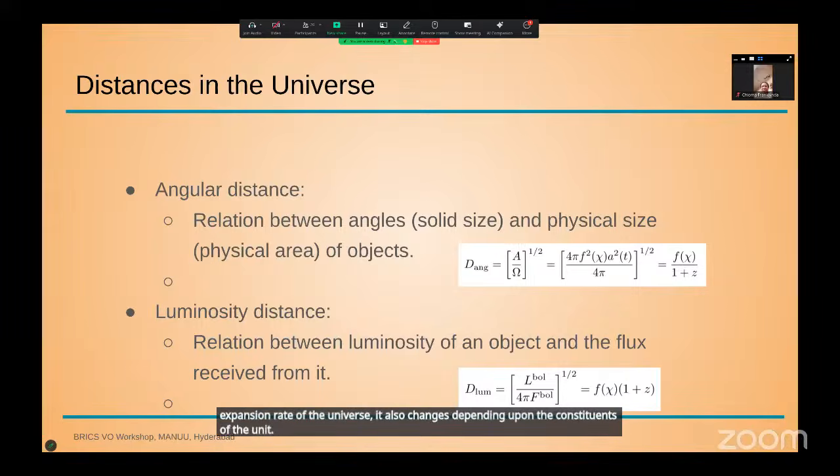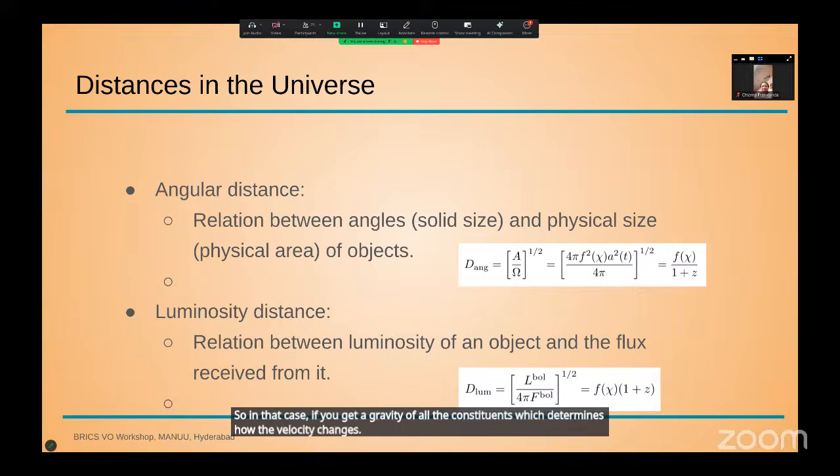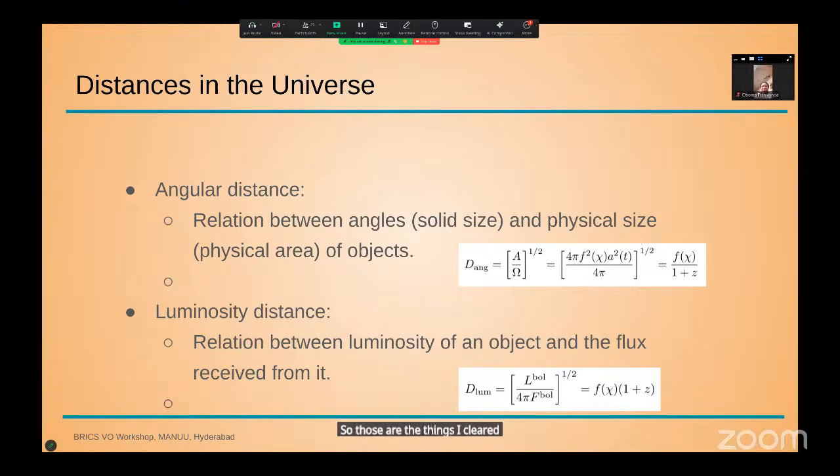In this case, what is the force acting on this cap? It is Earth's gravity. So in the universe, it will be the gravity of all the constituents which determines how the velocity changes. Those are the things that we would have to work on, but we don't have time to go into all those details.